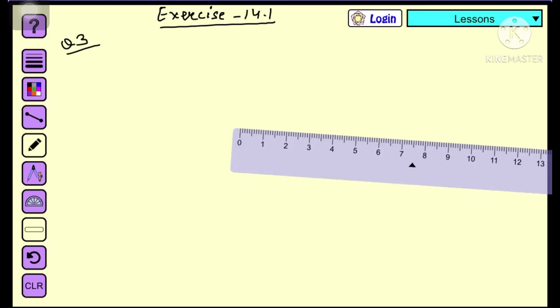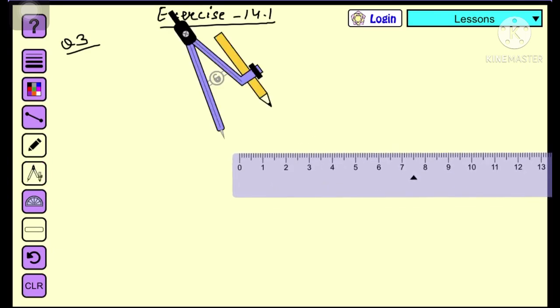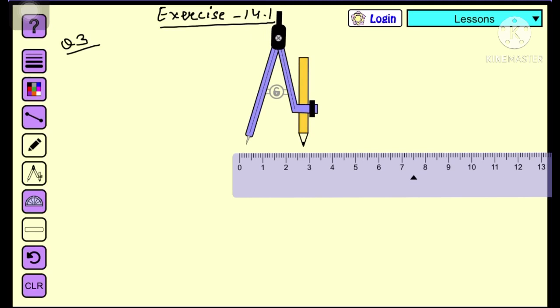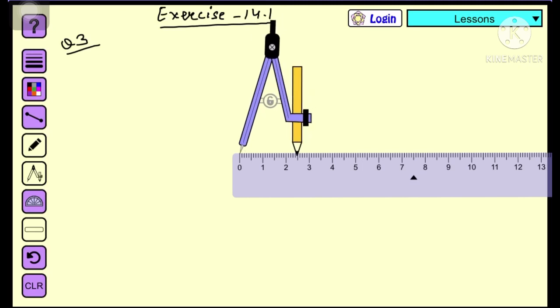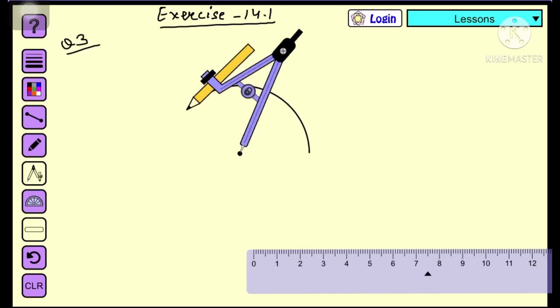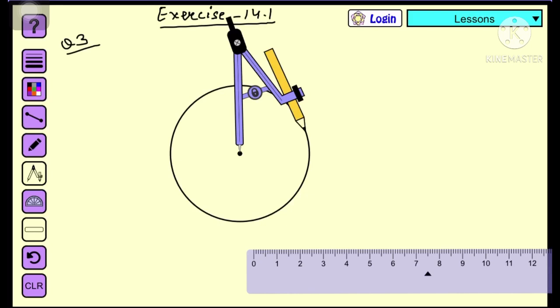So let's take this one. Any radius we can take, for example 3 centimeter. We are taking a circle of radius 3 centimeter and drawing this circle like this.